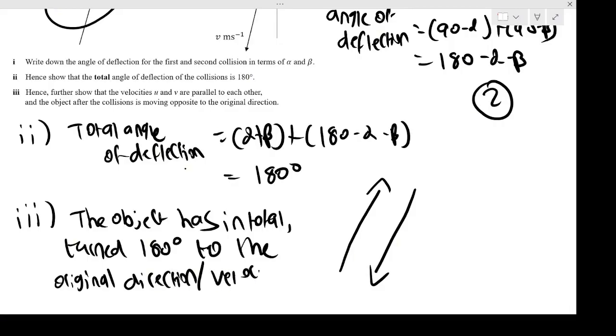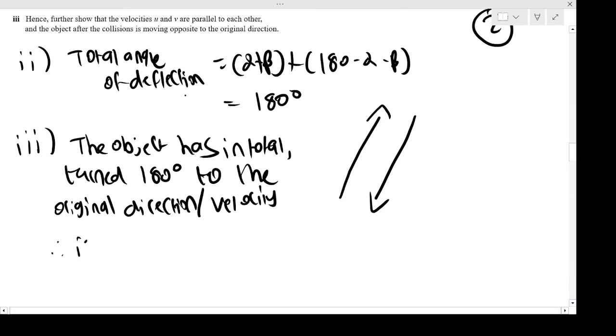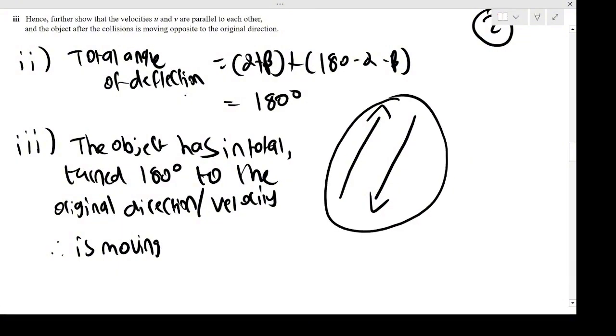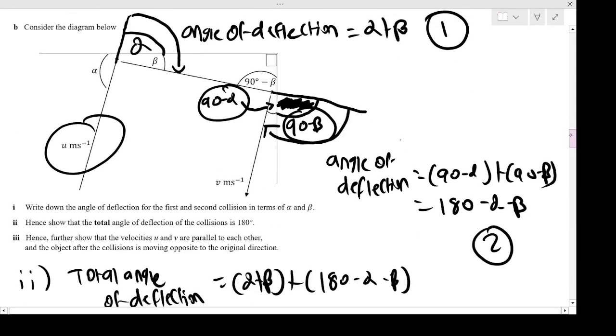And therefore it's moving opposite to the original direction, because again, it's going to be that sort of situation like this diagram there. And that would also mean the velocities are parallel, right? Because if this was a u and then that's a v afterwards, it's the same sort of direction, it's just in opposite directions. Okay, but there we are. So that's it. So again, hopefully happy with that, right?